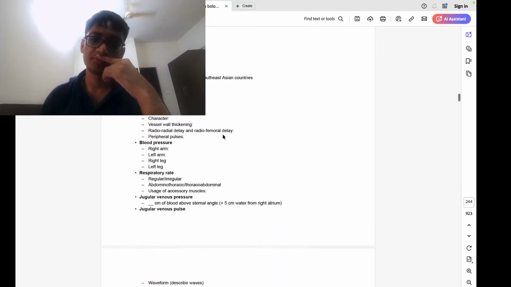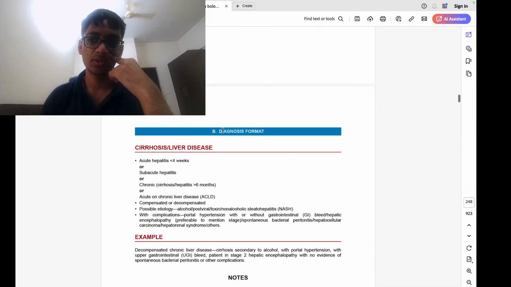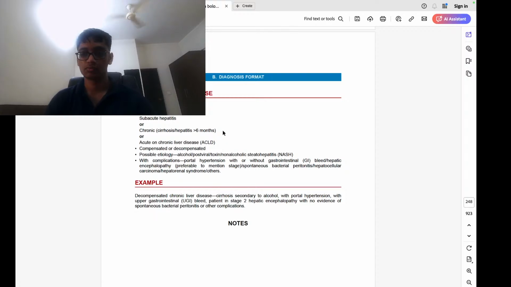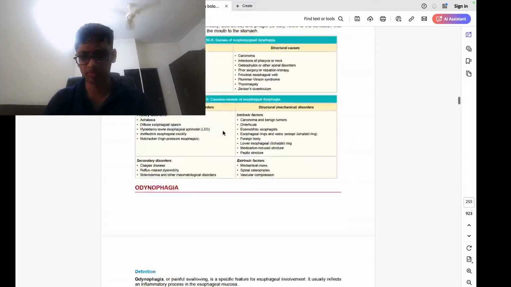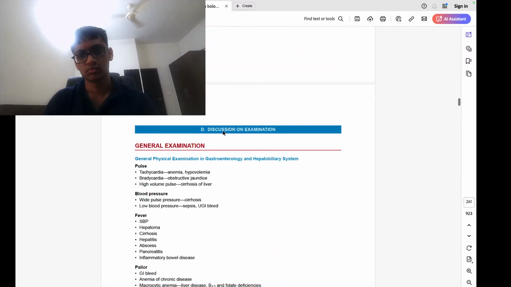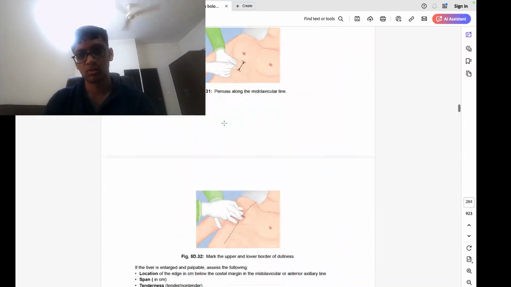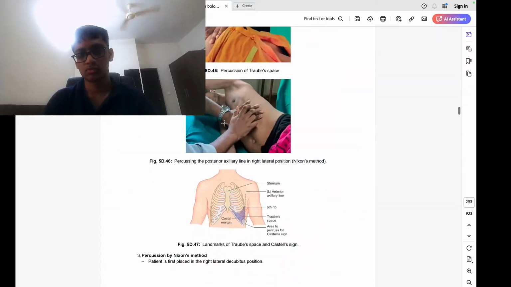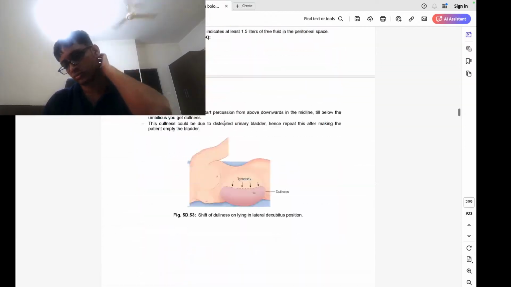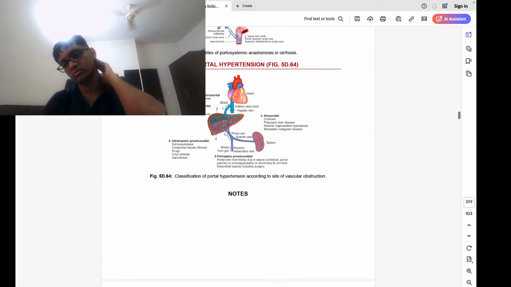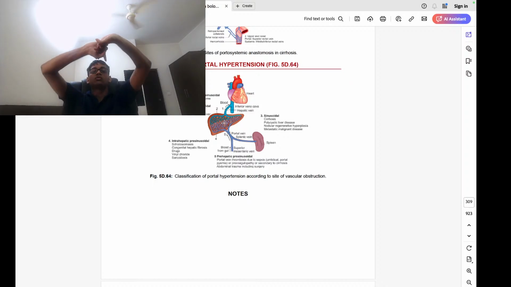Okay, GI system. GI system is a shorter topic, I believe, and I have already done this once properly from this book. Pages 284 to 309 is 25 pages.